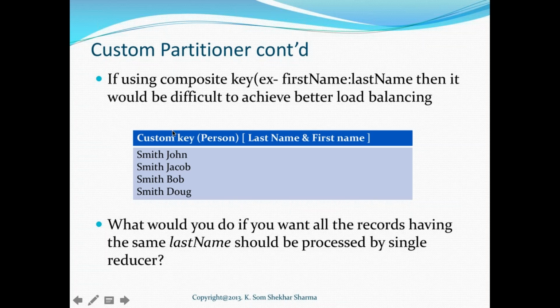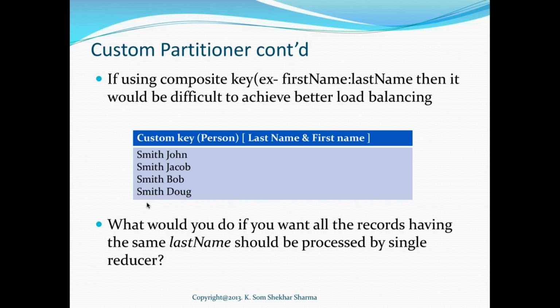And your problem statement is that all the names having the same last name should go to the same reducer. If you see, this is your last name and these are your first names. So the problem statement is, all the records or all the employees having the same last name should go to the single reducer.